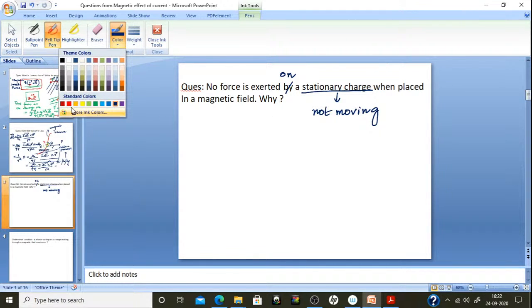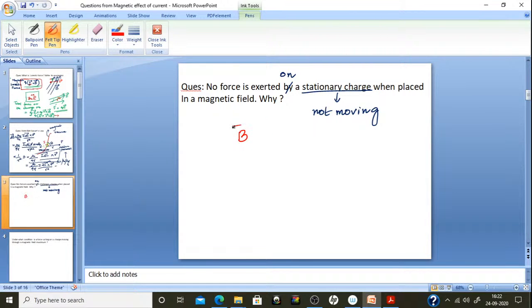Just now I told you, if I have a magnetic field B and there is a charge q moving with velocity v, then the force that it will experience because of the magnetic field is q v cross B. This is the force experienced by a charge plus q moving with speed v, where the magnetic field is B. So the question says, why is no force there on a stationary charge when placed in a magnetic field? A stationary charge means not moving, so v will be 0. In that case, this force F will also be 0.